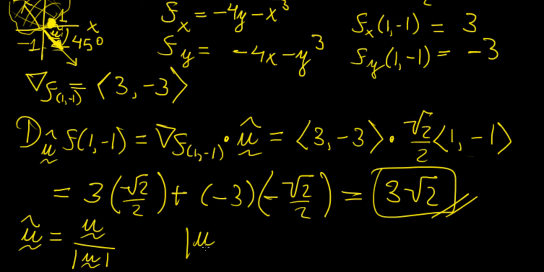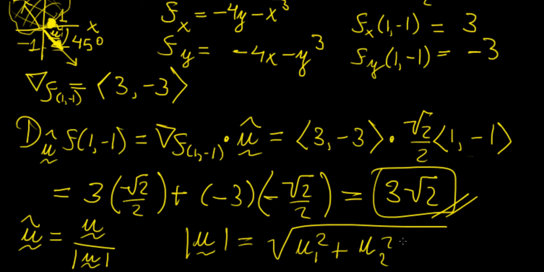And the magnitude of a vector is simply the square root of the sum of the squares of its components. So let's say u1 squared plus u2 squared plus u3 squared. So that's basically how we do it.